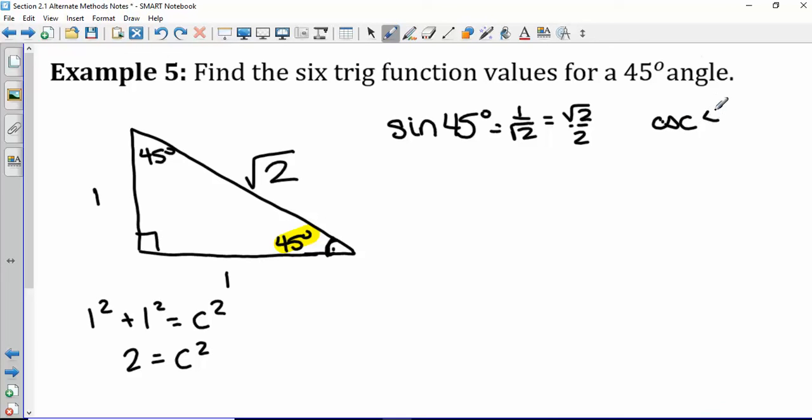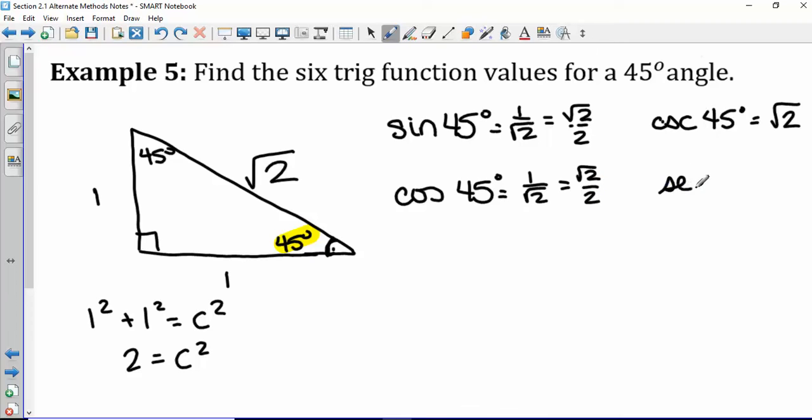Okay, so that means cosecant, reciprocal of sine, would be the square root of 2. What is the cosine of 45? Same thing, adjacent over hypotenuse, which is radical 2 over 2.